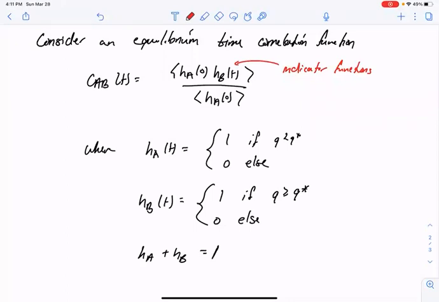A joint distribution divided by its marginal always has the interpretation as a conditional probability. In this case, it is the probability of being in B at time t, given the system was in A at time 0.